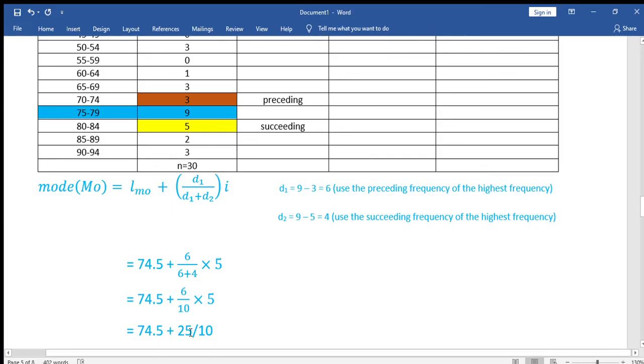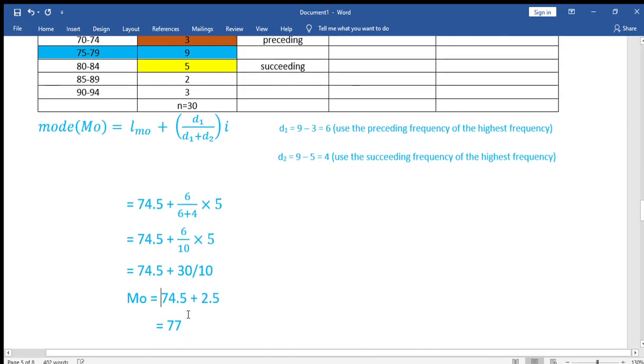Then 6 times 5, that's equal to 30. Correct? And here, 30 divided by 10 is equal to 3. So we will be getting 77.5. This is now the value of our mode. It is equal to 77.5.